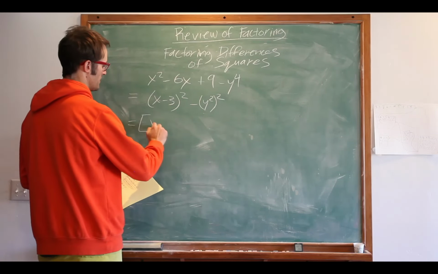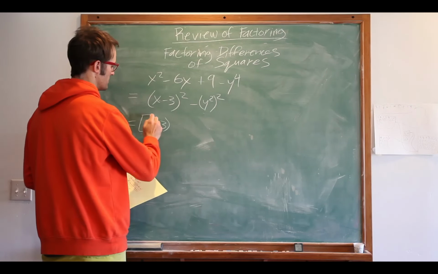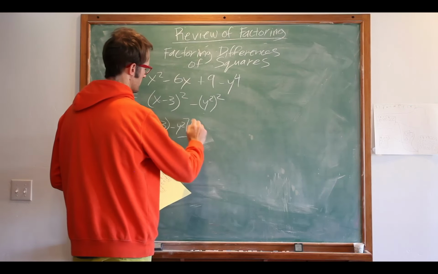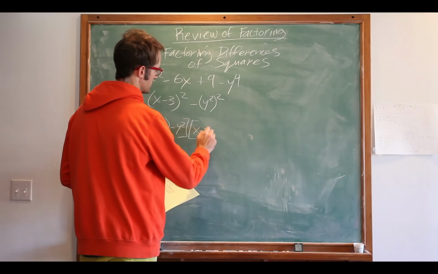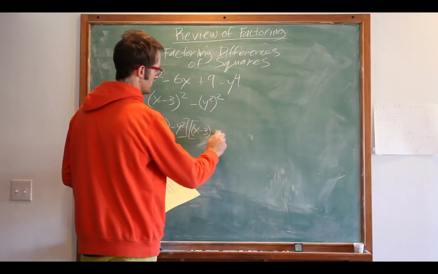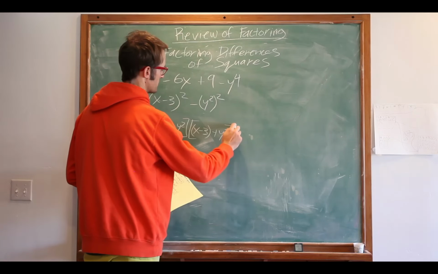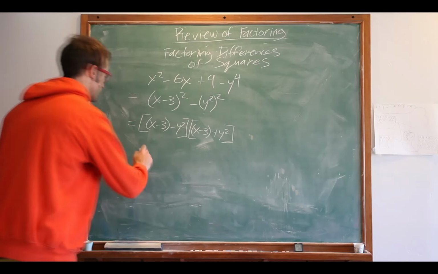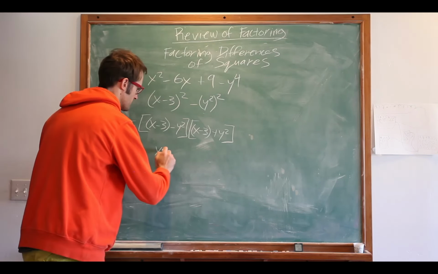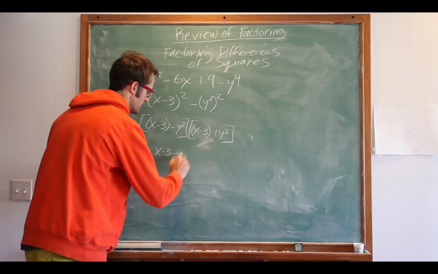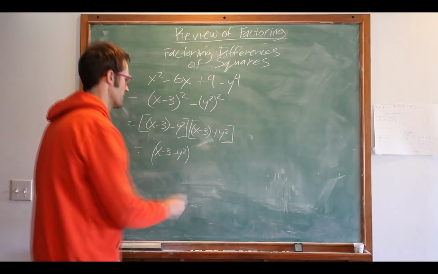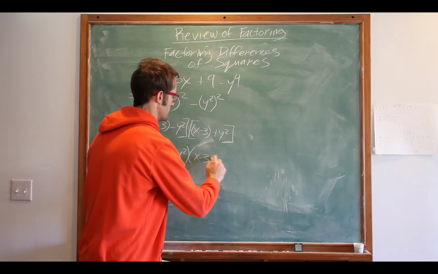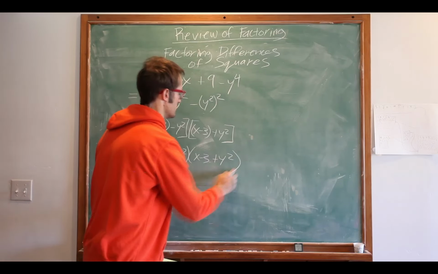So x minus 3 minus y squared times x minus 3 plus y squared, and then that will give us x minus 3 minus y squared all together, and here we've got x minus 3 plus y squared all together.